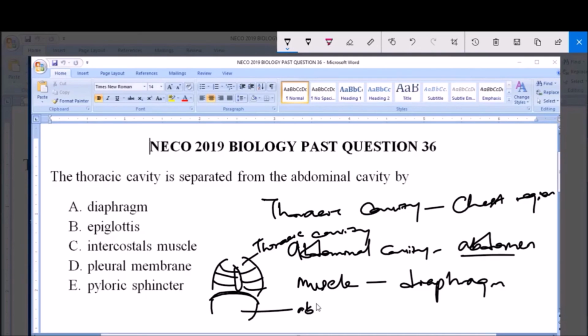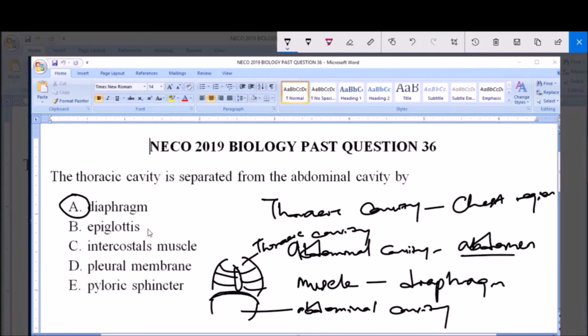This is the abdominal cavity. So the diaphragm acts as a muscle that stands between this thoracic cavity, that's the chest region, and the abdomen. So the answer to this question is option A, the diaphragm. The diaphragm is a muscle, and it also assists in inspiration and expiration. It separates this thoracic cavity from the abdominal cavity.